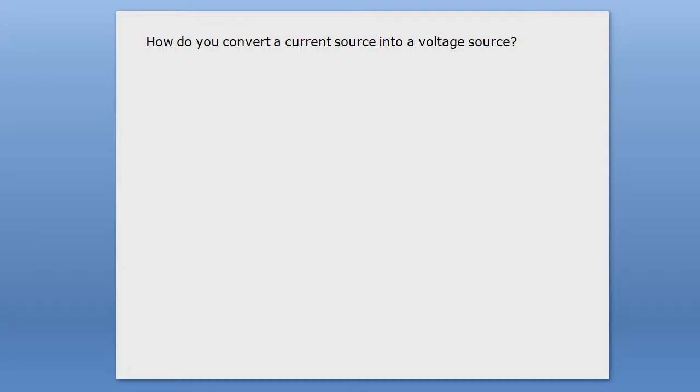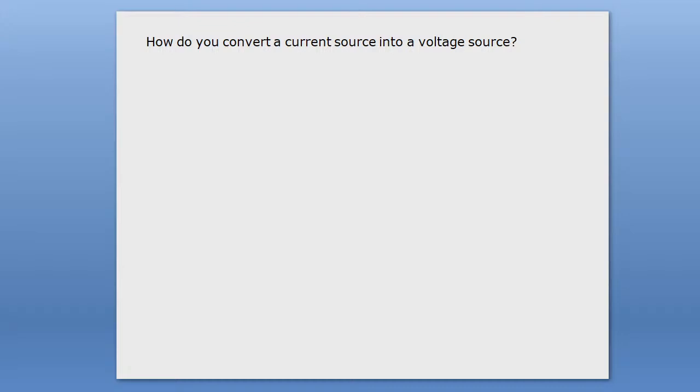Here we have considered an independent voltage source. That means its voltage does not change by changing the value of other parameters present in the same circuit. Independent voltage source, independent current source means what?